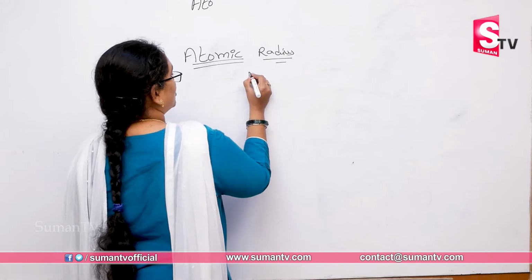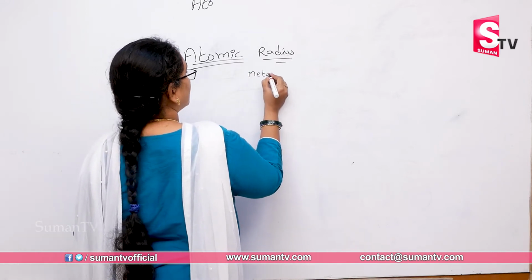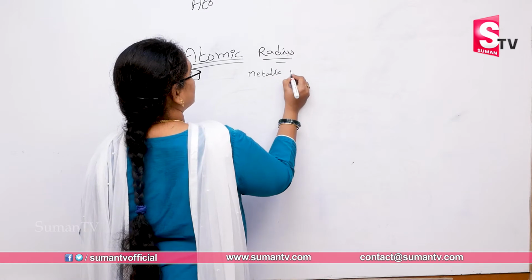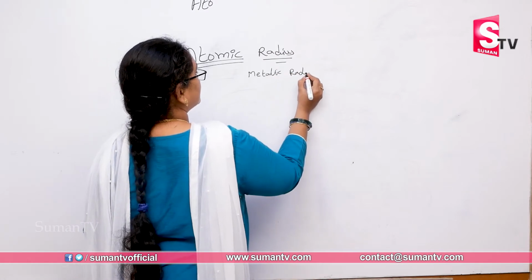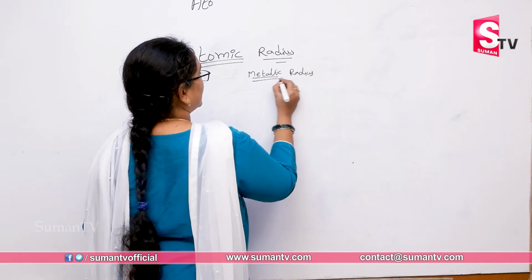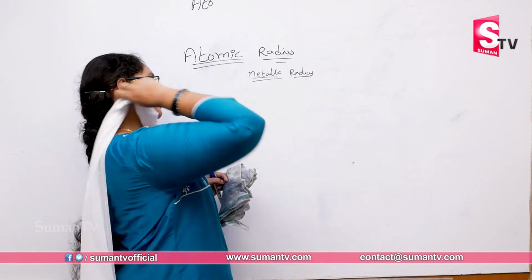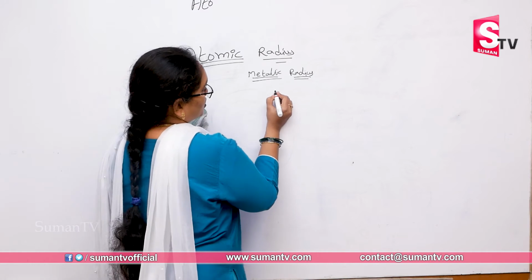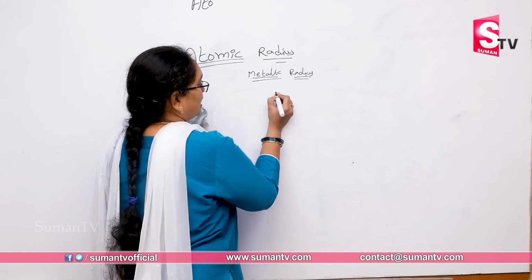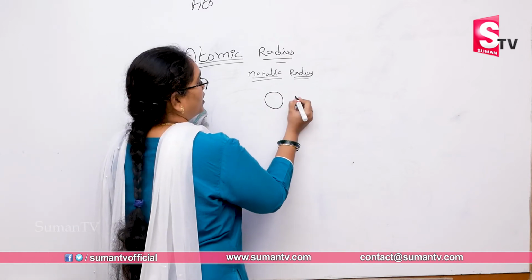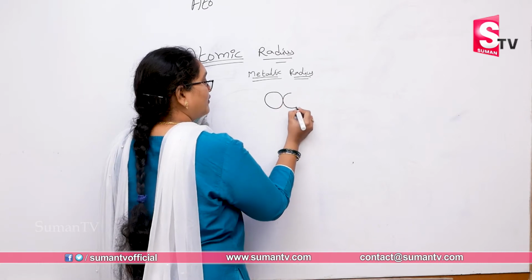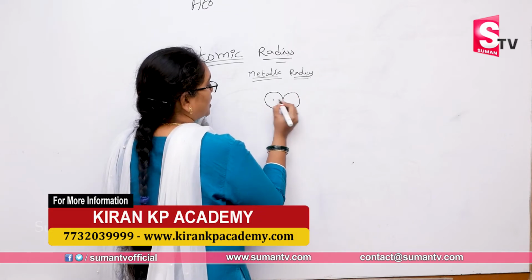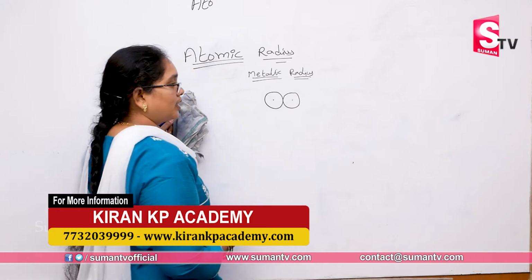Now in the case of metals, we will discuss the metallic radius. What is meant by metallic radius? In metals, each atom is not bonded to another atom, but without bonding, those metal atoms are very close to each other.